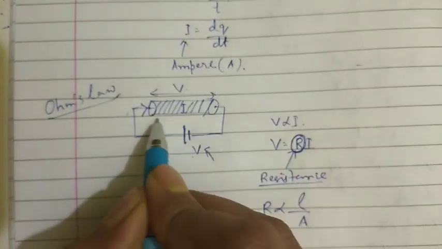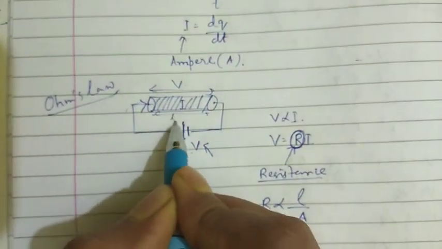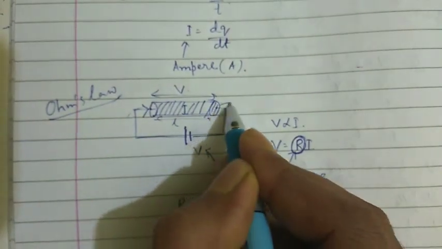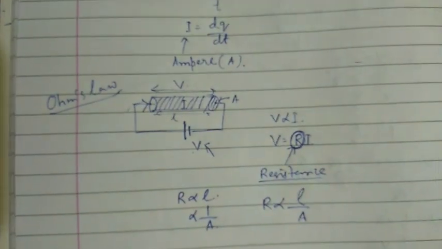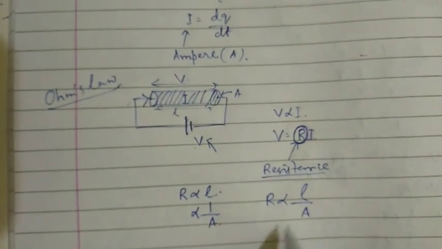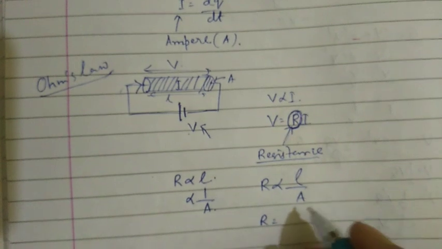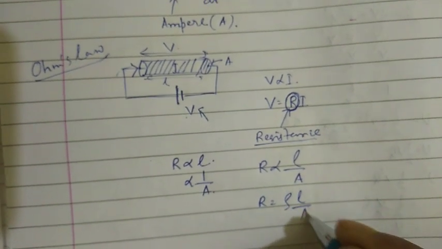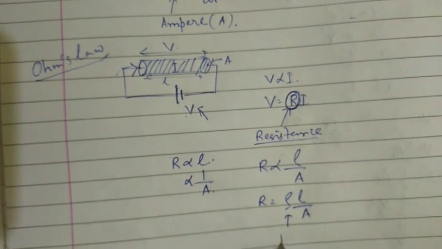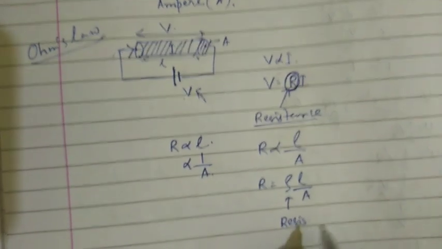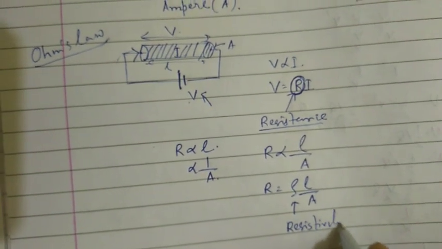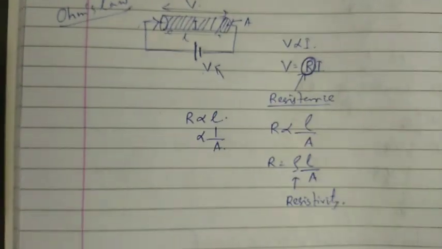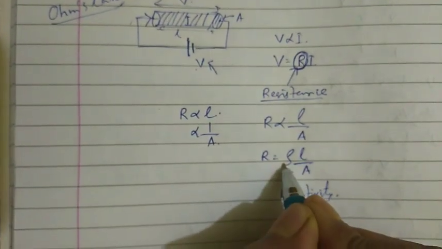So if this is length L and this area is say A, you can write this. Now to equate it, we multiply with another constant. This notation is called rho. This is resistivity. We can easily define resistivity from this equation.